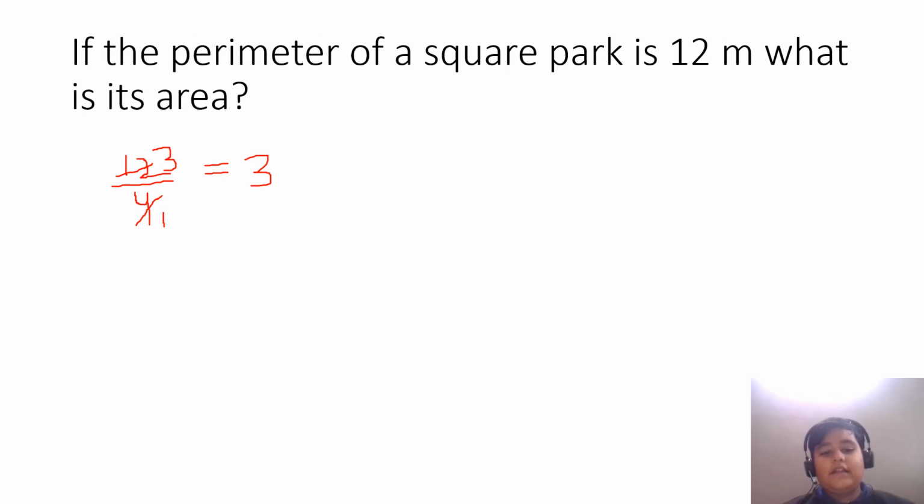Now we get 3. 3 is the length of each side of the square park. Now the question is asking for the area of that square park, which means we have to multiply 3 into 3, because area of a square shape is equal to side into side, and we have got 3 meter each side of this square park. 3 into 3 is equal to 9.